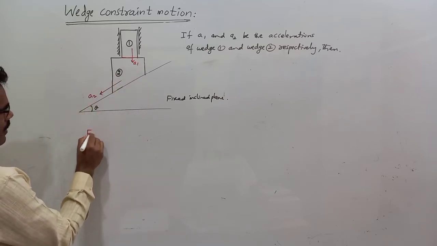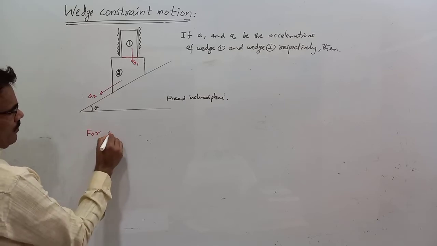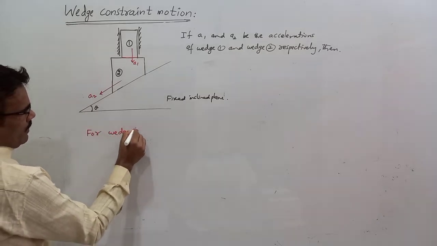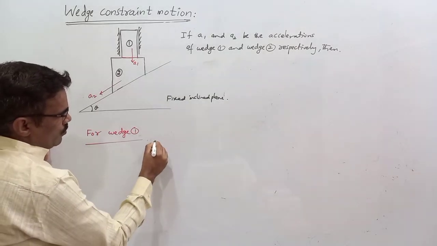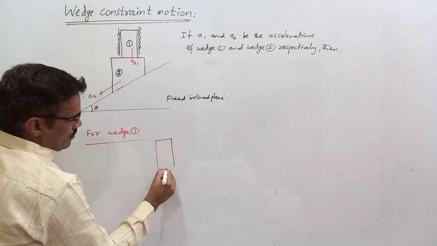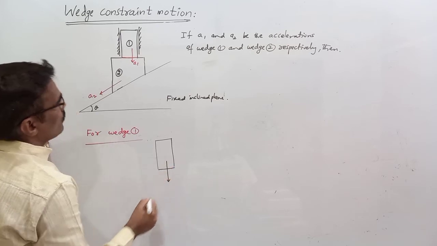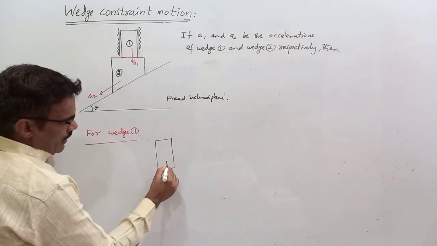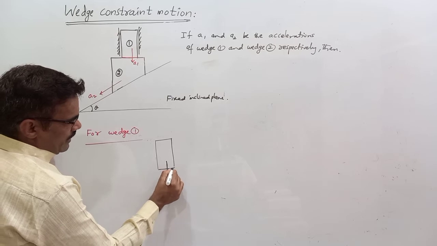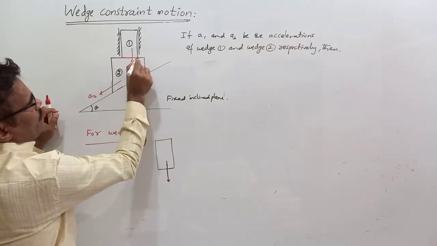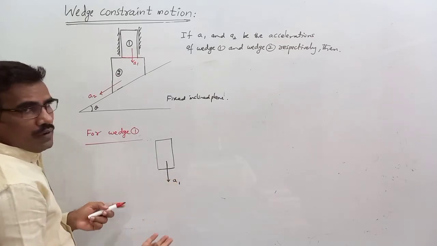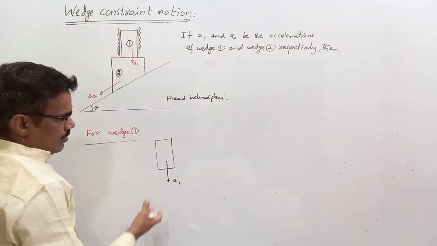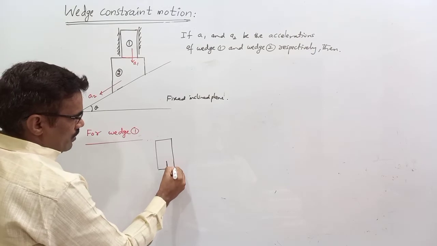For wedge 1, it moves vertically downward, so A1 is perpendicular to the contact surface. This is the contact surface now. A1 is perpendicular to the contact surface, so there is no need to resolve it.